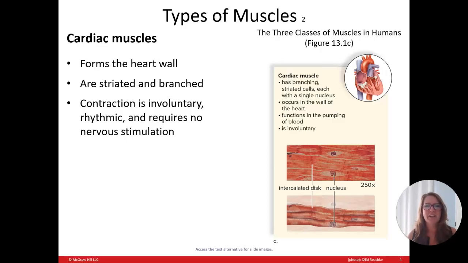But essentially, cardiac muscle is designed to rapidly move the signal across so that other cells are reacting, A, and B, it's self-perpetuating. So it's interesting in that the heart can keep beating and keep beating and not really have to be under brain control. So, striped and branched and involuntary, and it only makes up the heart.